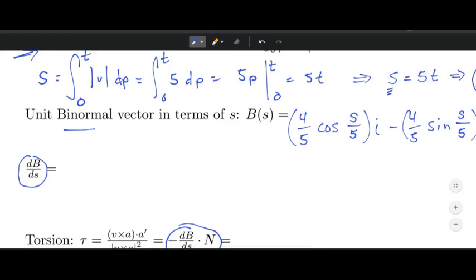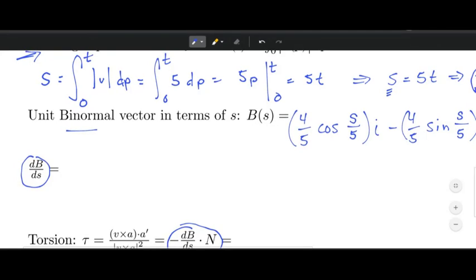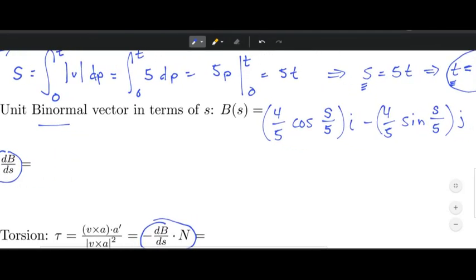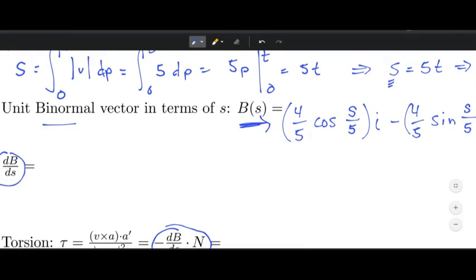So let's take this derivative now with respect to s. I'm just differentiating this unit binormal vector b, where s is my variable. So taking the derivative of each component, we're going to get negative 4/5 sine of s over 5. But be careful here.